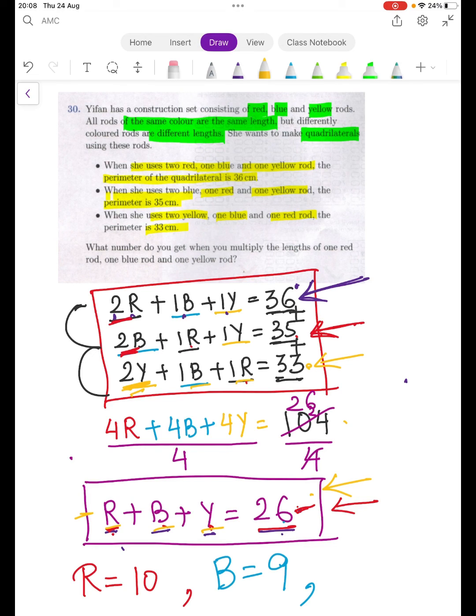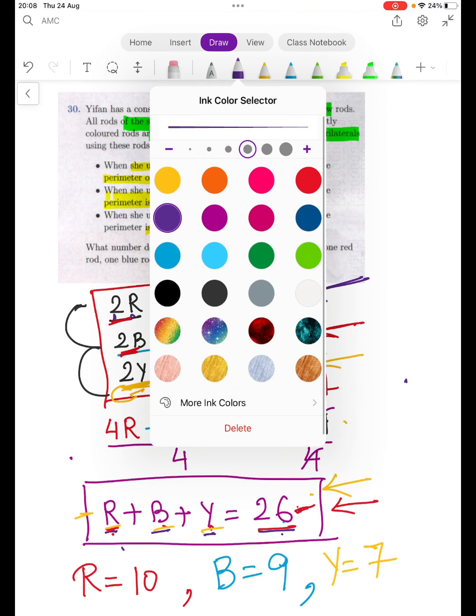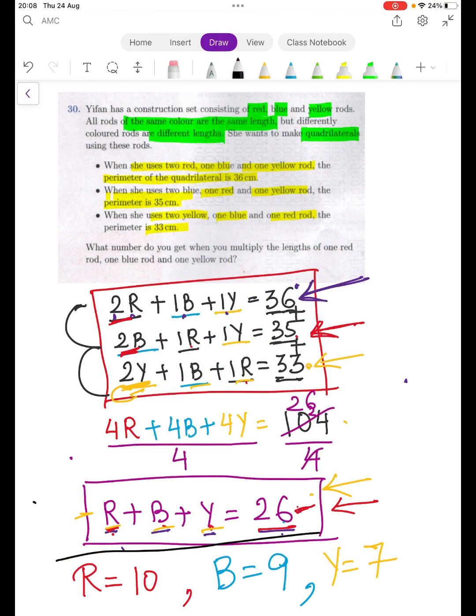We already had red, blue, yellow. We added another yellow, and it changed to 33. That means yellow must be 7. So we found the measurement for all our different colored rods. Red was 10 centimeters, blue was 9 centimeters, and yellow is 7 centimeters.